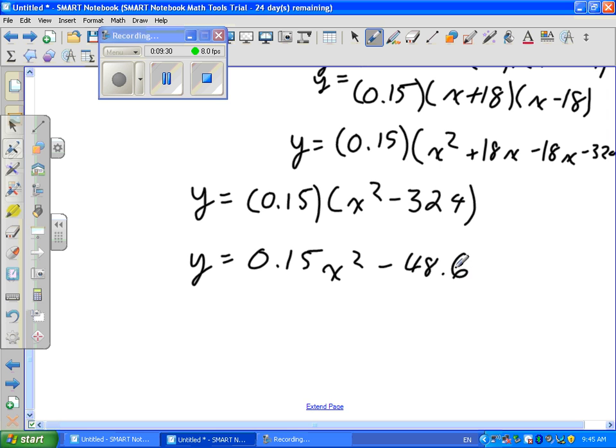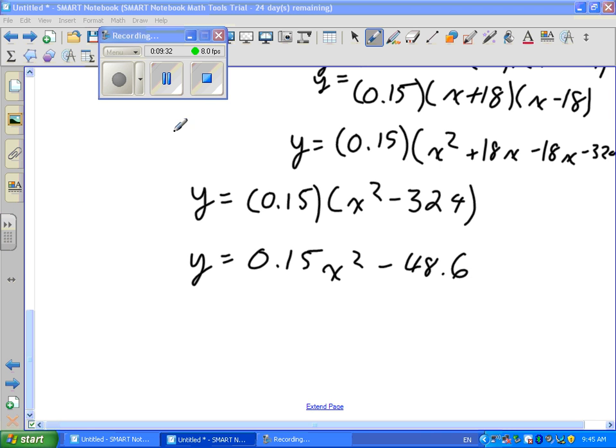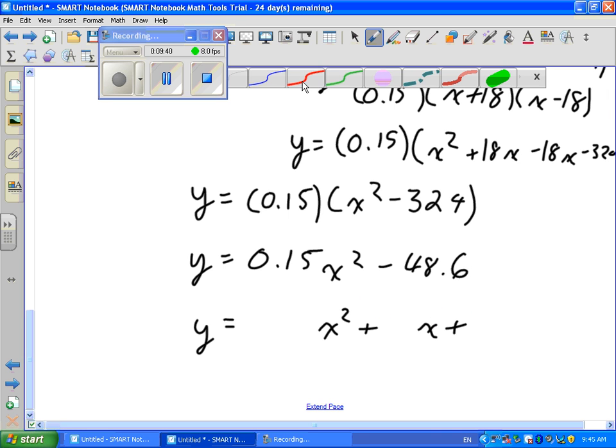48.6. So if we take a look at this compared to our standard equation, we're used to seeing y equal to ax squared plus bx plus c. I'm just going to quickly show you how this compares. My a value is 0.15.